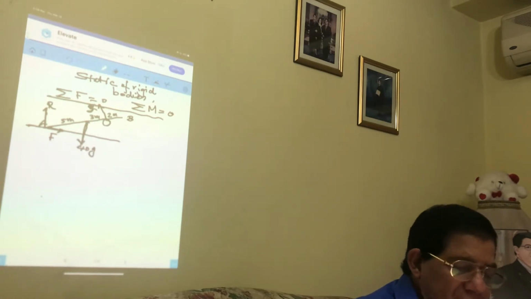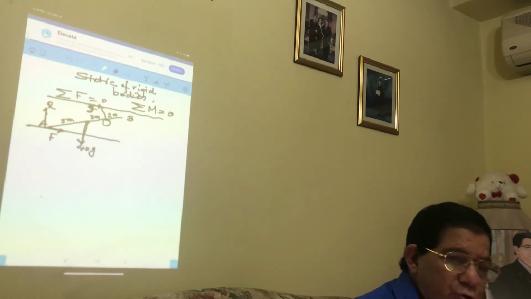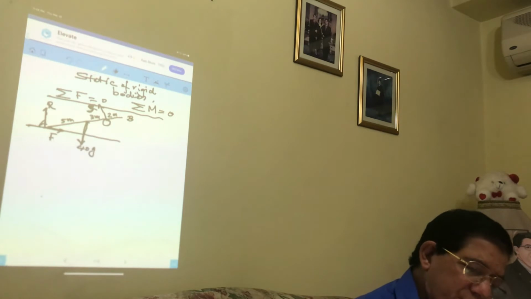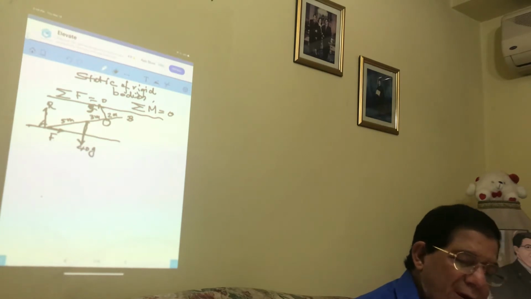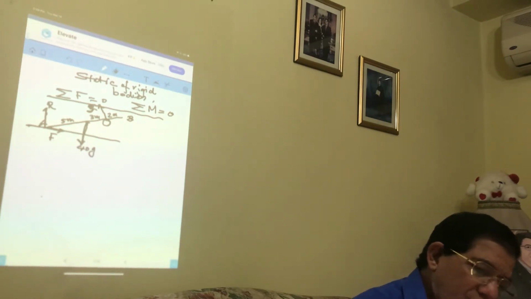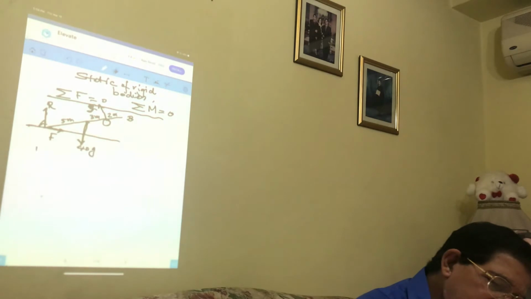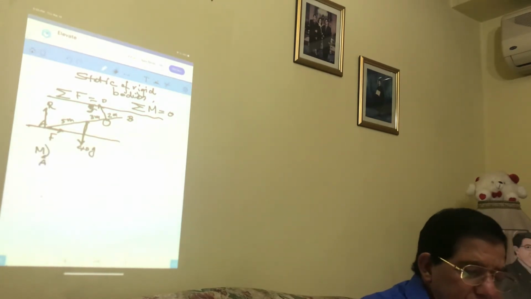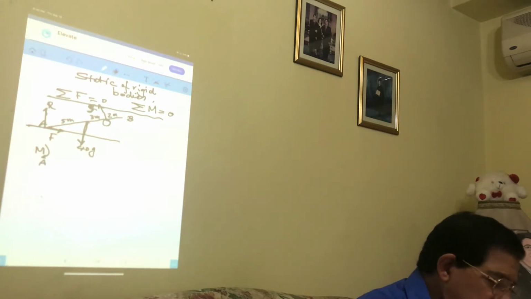Now, as I said, we usually take moments first. Therefore, we are going to take moments about point A. This angle is given as 15 degrees.